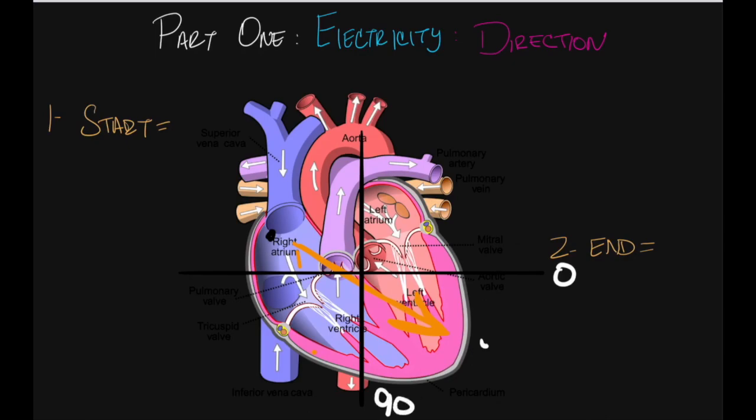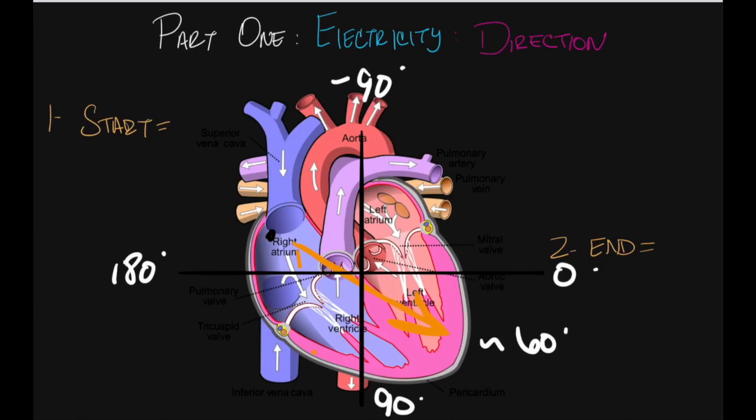In fact, the average is about 60 degrees. And so we have 0 degrees over here towards the left, 90 degrees inferior, about 180 degrees over here, and negative 90 degrees up here.